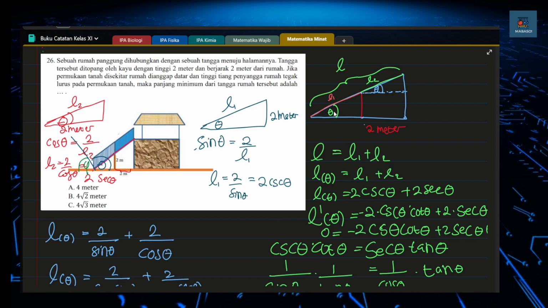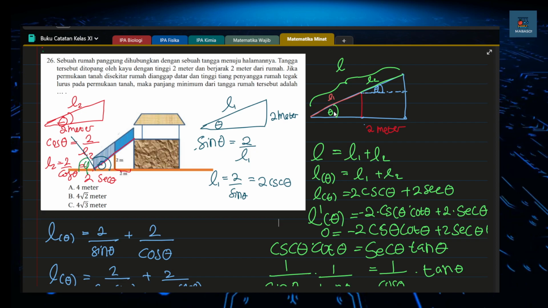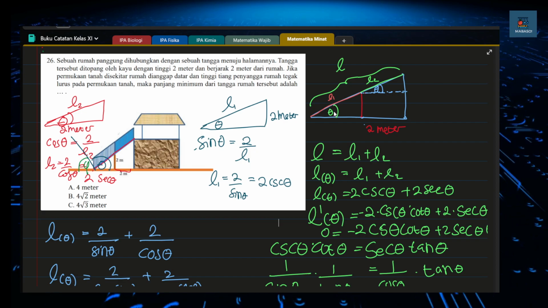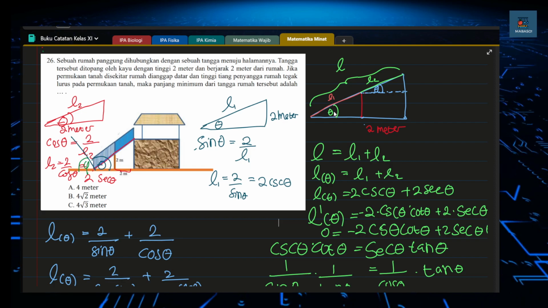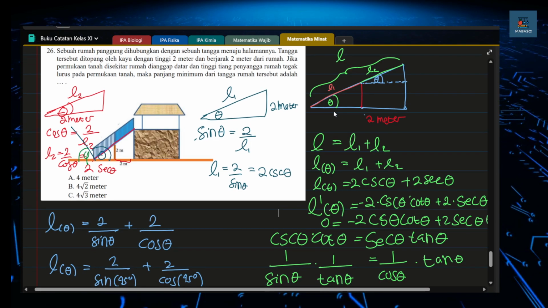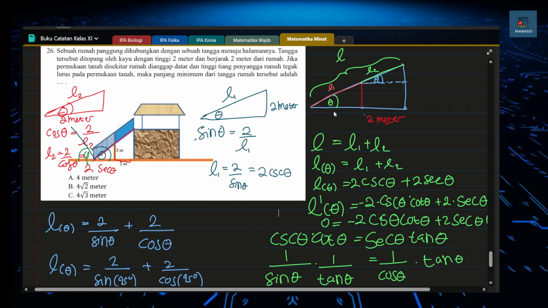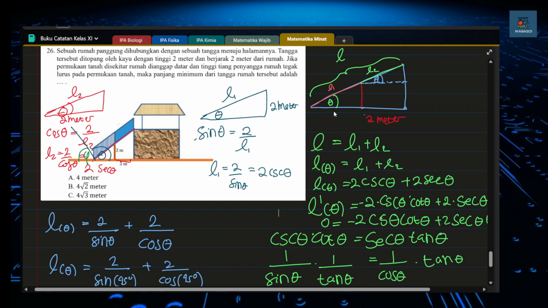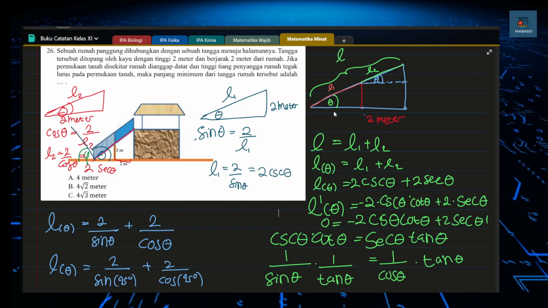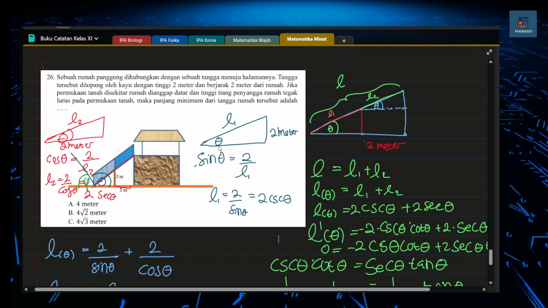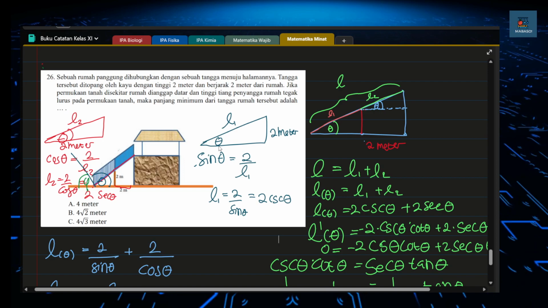For people who are not regularly doing exercises and problems, you might not notice it. And then the second one, you have to remember the rules for derivatives that are not well known, like cosecant and secant. And then you have to use the trigonometric ratios to determine the function.